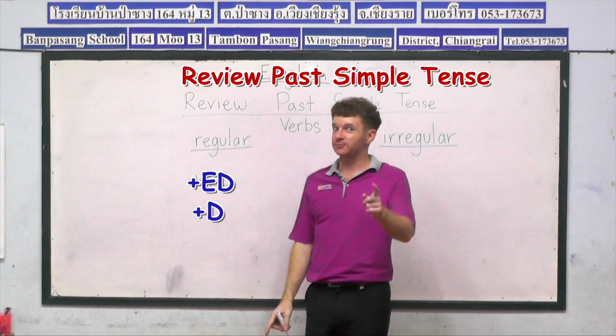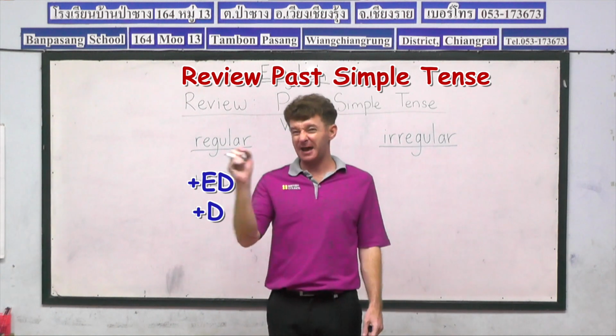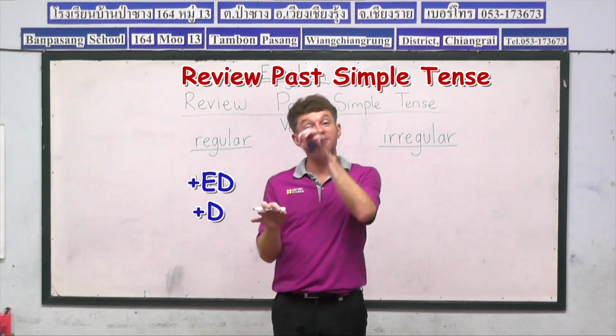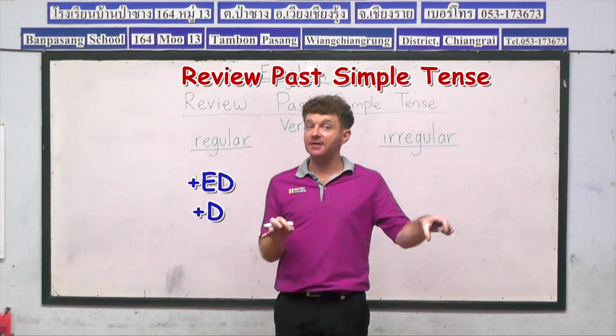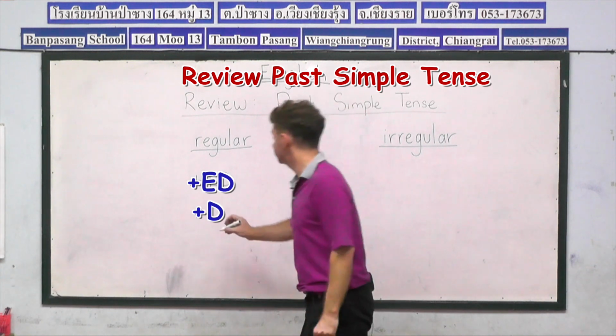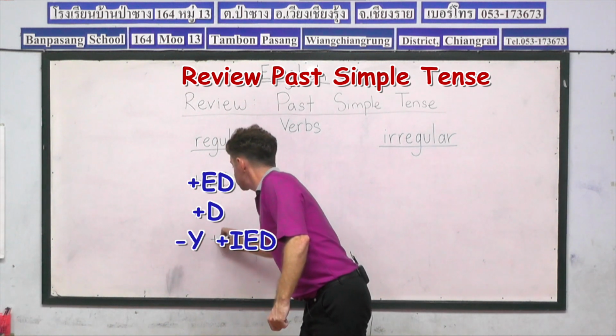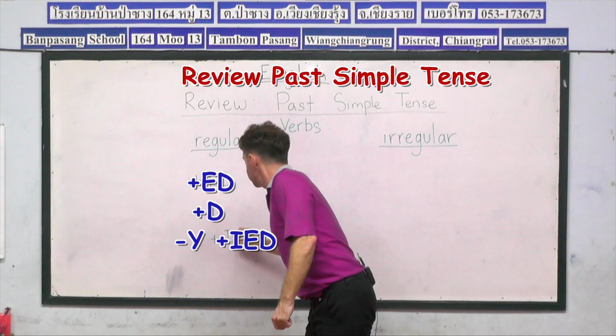Excellent. And then there was another way of spelling. If we have y on the end of our verb word, usually we have to delete y and then add ied. So delete y plus ied.